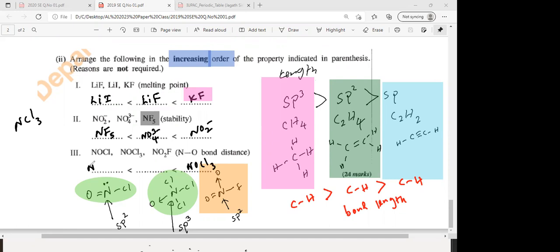Lowest will be NOCl, because in NOCl there's a lone pair. This one, NO2F, has no lone pairs. And the other one, NO2F, can undergo resonance also.